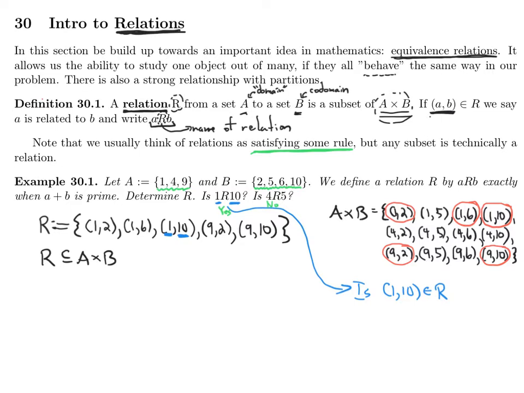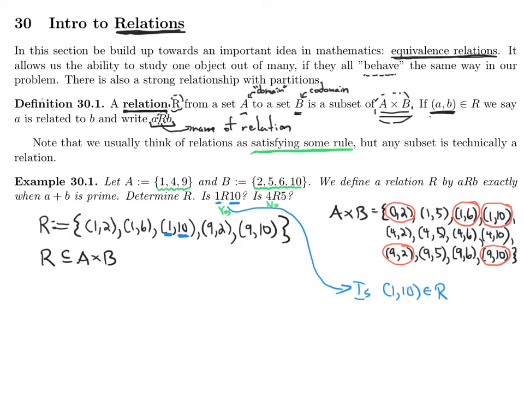And of course, just a reminder that relations will change depending on what rule you give them. I could come up with a different rule for A and B here. Maybe I want A minus B as prime.